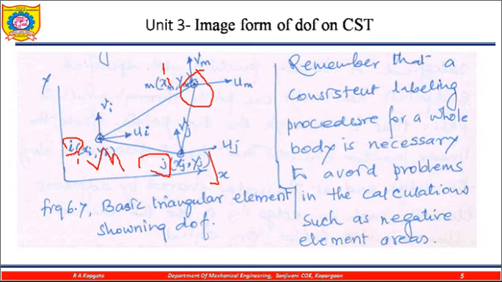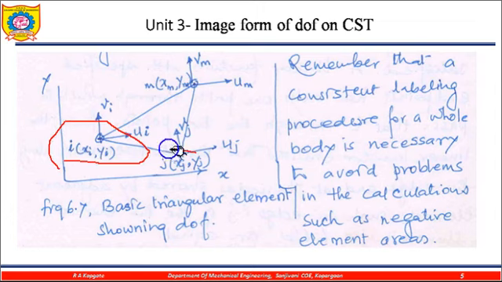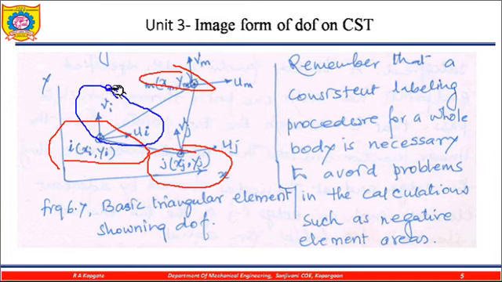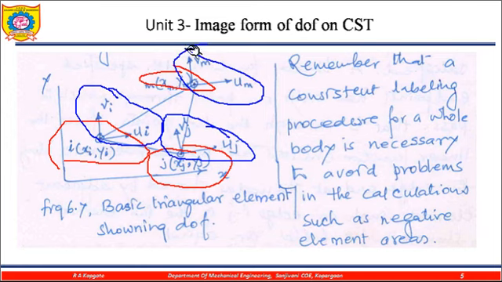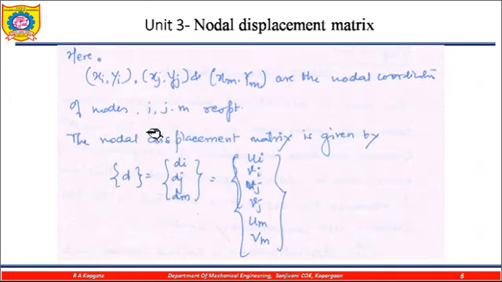So you need to write a proper sequence for the node names: I, J, M, along with the coordinates and the displacements u and v at particular nodes along the x and y axes. Let us take this as the basic triangular element for the study.